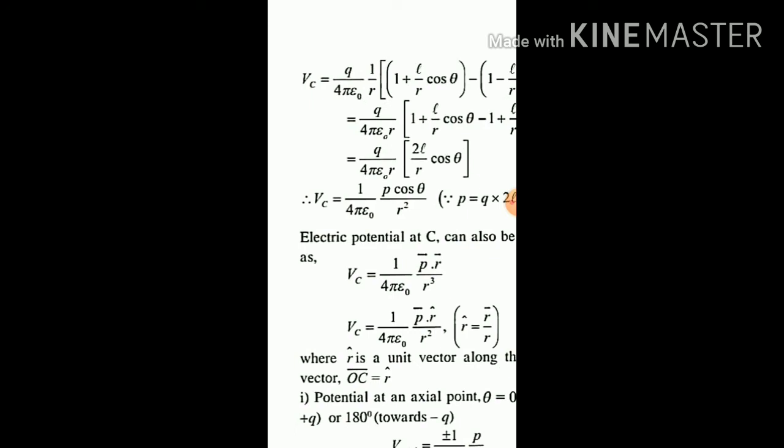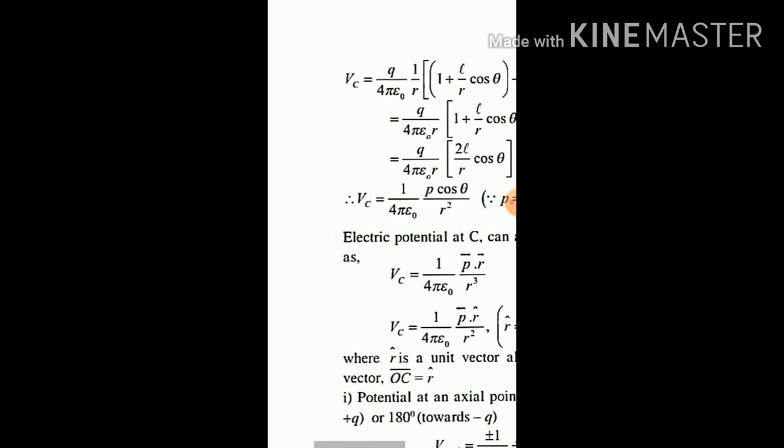Then this electric potential at point C can be expressed in the following ways. Vc equal to 1 upon 4 pi epsilon 0 into P bar dot R bar, there is a dot product of P and R, upon R cube. That is the equation we can write here. Vc equal to 1 upon 4 pi epsilon 0 into P bar dot R bar upon R cube.